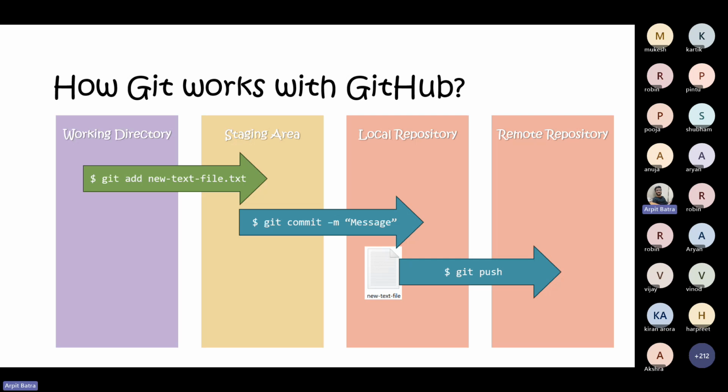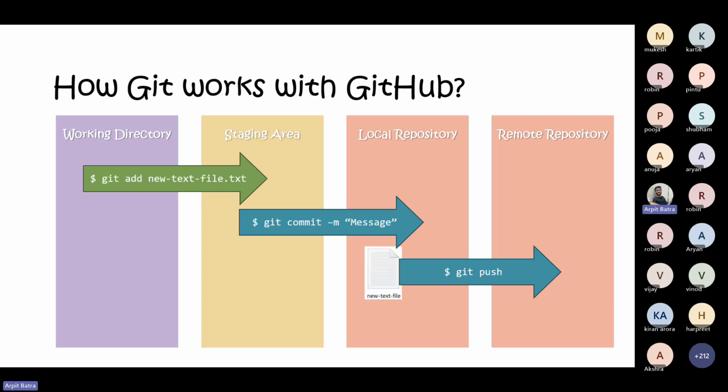In this slide, you can easily see the staging area transfers to the local repository, the local repository transfers to the remote repository, and after this the remote repository transfers the data to the local repository again. This process is repeated again and again.